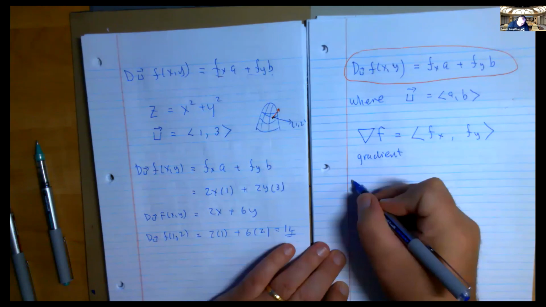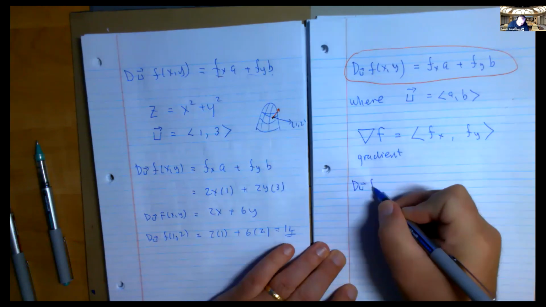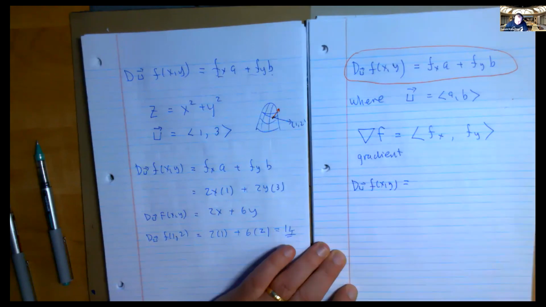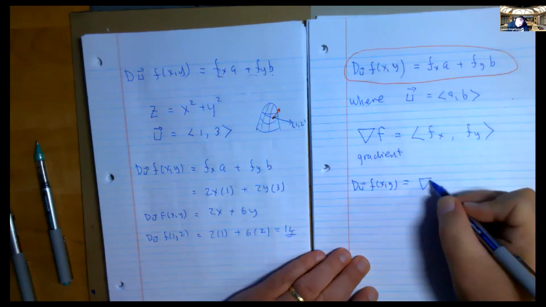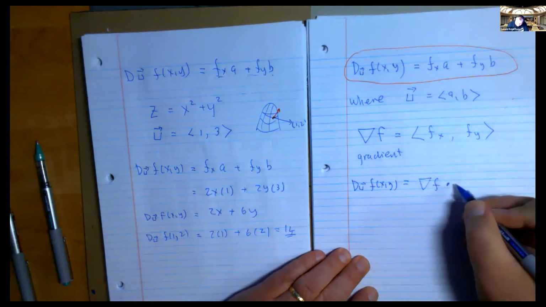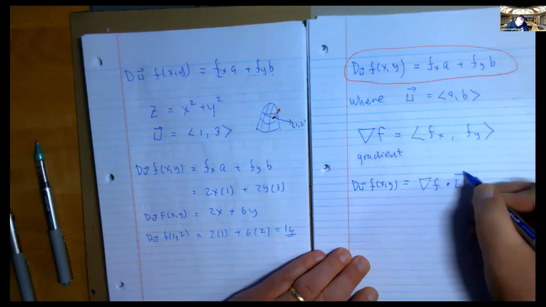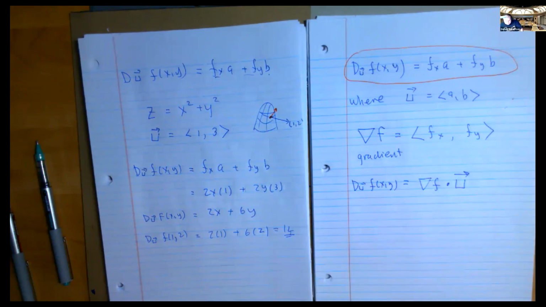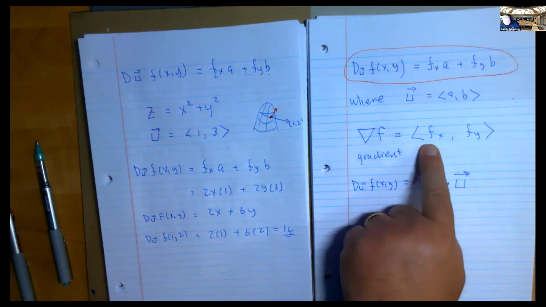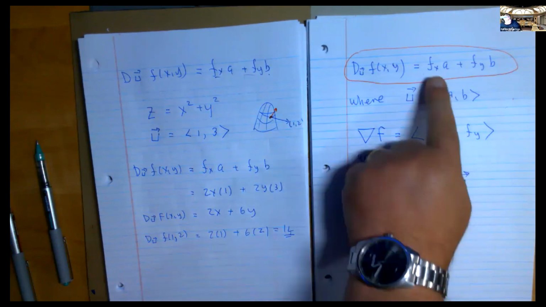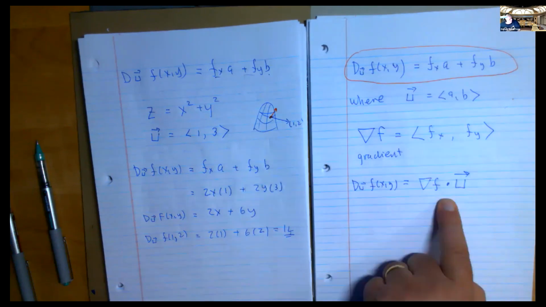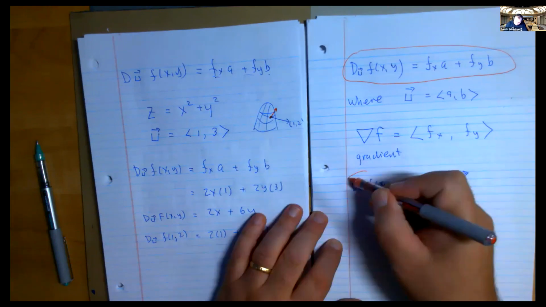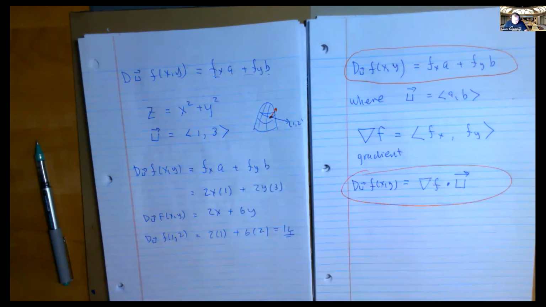Now what that allows me to do is take this formula here and rewrite it as a dot product. If you take this and do a dot product with this, don't you get this formula? So do you see that this here is equivalent to that?